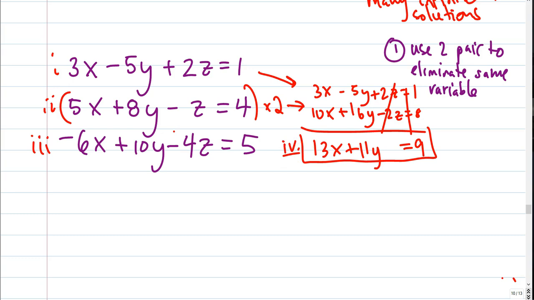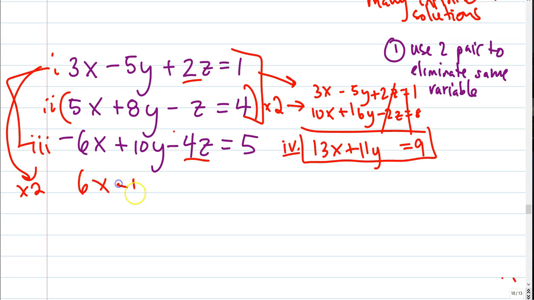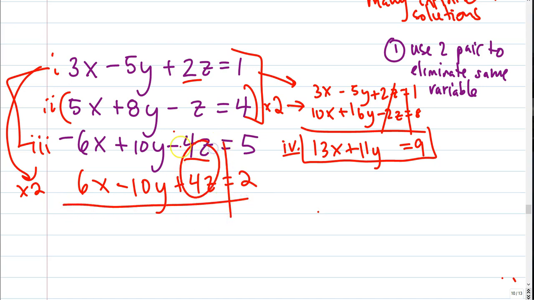Well, I just used 1 and 2, so I have to use equation 3 with one of them. I'm looking at equation 3, and I like how this is a positive 2 and a negative 4, so I'm going to line up 1 and 3. I just need to take the top one times 2, and that makes it 6x minus 10y plus 4z equal to 2. The z's cancel out like we wanted, but so do the y's, so do the x's. So this is weird.